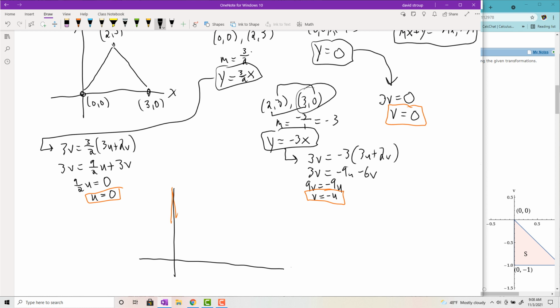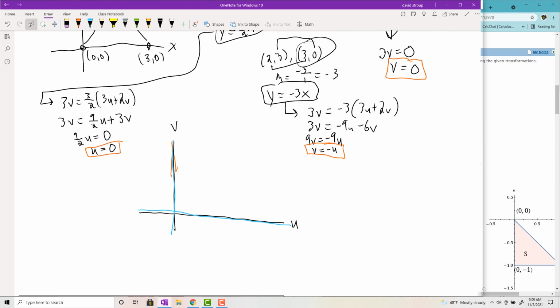So anyways, now in the UV plane, plotting those things out, u equals 0 is the v-axis, v equals 0 is the u-axis, and v equals negative u is just the diagonal going downwards.